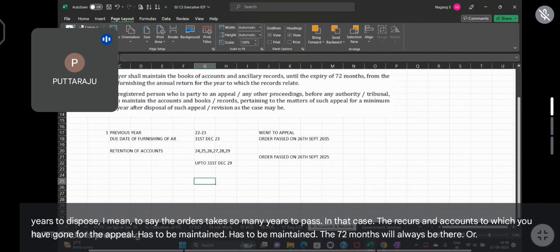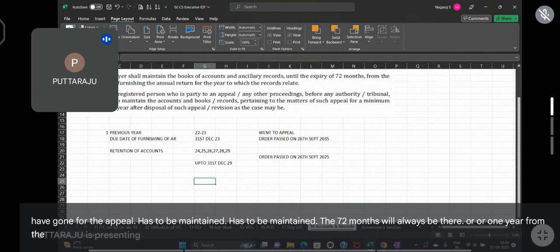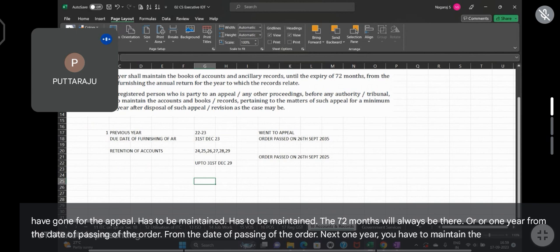Or 1 year from the date of passing of the order. From the date of passing of the order, for the next 1 year you have to maintain the records.